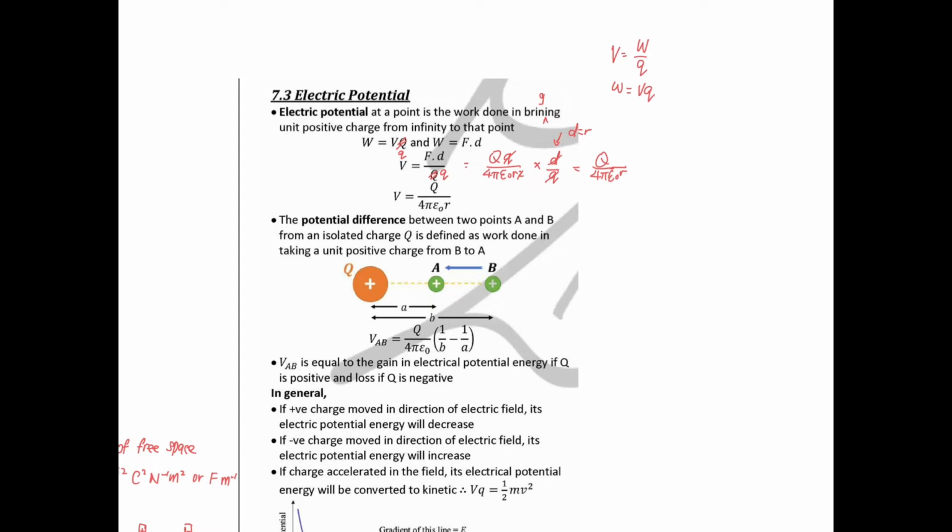Now, okay, so let's compare to chapter 2. Chapter 2 we have gravitational potential. Gravitational potential is phi. So the definition is the same. It is also the work done in bringing a unit mass from infinity to that point. So that is the definition of gravitational potential.